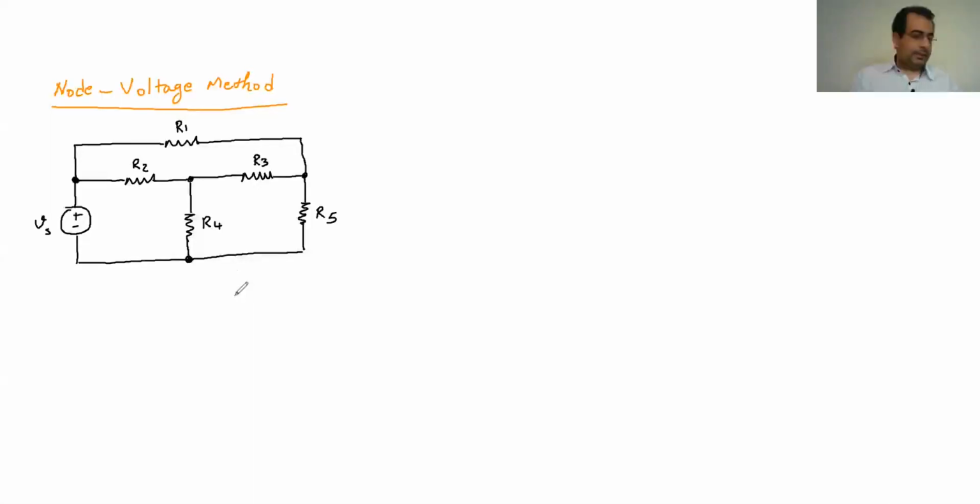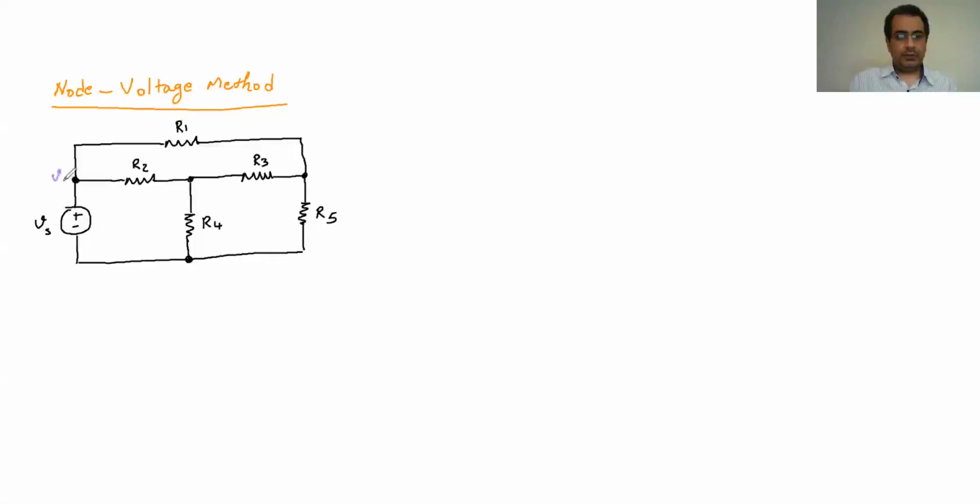First, I will tell you what we are going to do, and then I will show you how to do that. The very first step when we start to analyze a circuit is to choose a reference node. So let me name the nodes first.